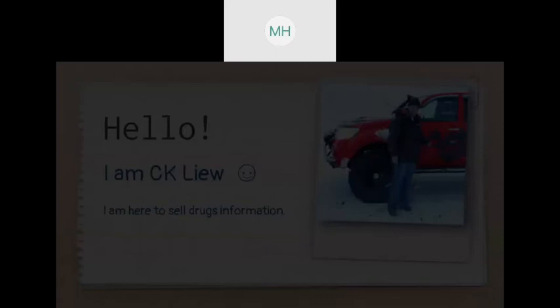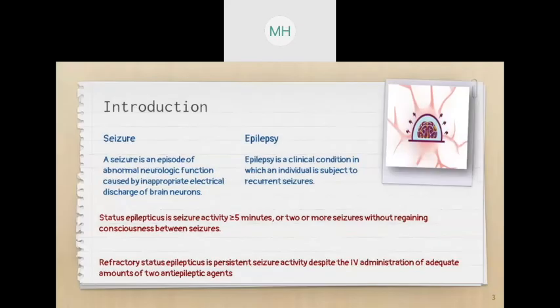So just a bit of a recap of the introduction. A seizure is an episode of abnormal neurological function caused by inappropriate electrical discharge of the brain neurons. Epilepsy is a clinical condition in which an individual is subject to recurrent seizures.